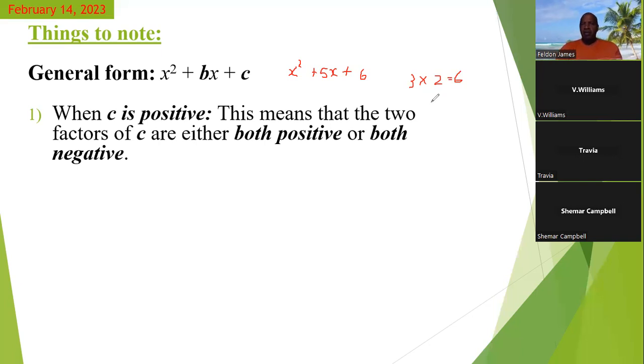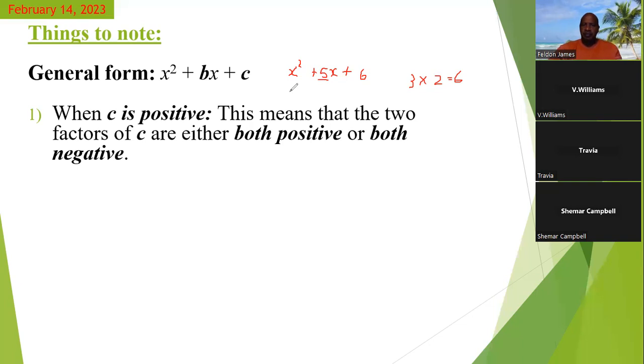Now, when we find two numbers that multiply to give you 6, what is the next thing we need to do? 3 plus 2 would equal 5. All right. So we are checking to see if these two numbers, when we add them, give us 5. In this case, you see clearly that 3 plus 2 gives you 5. Right.